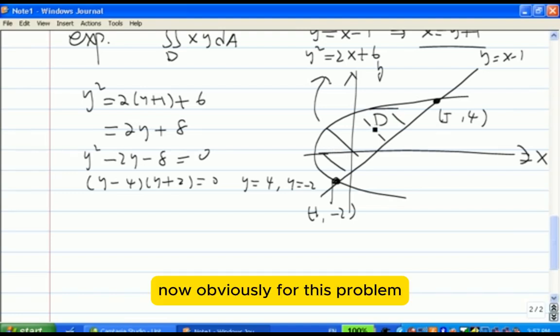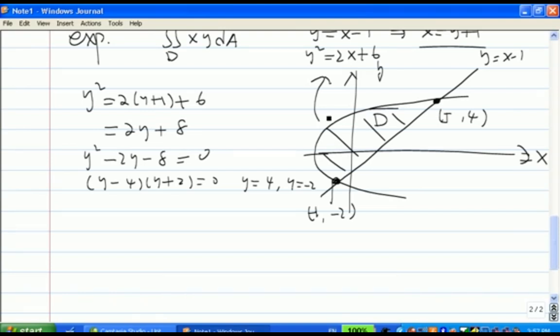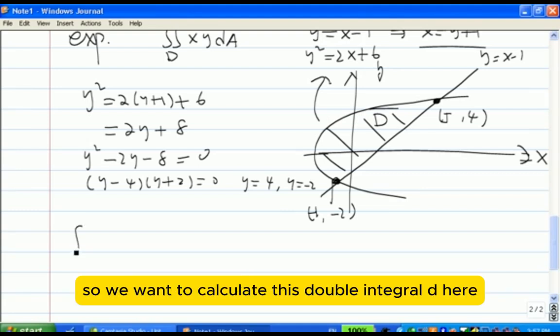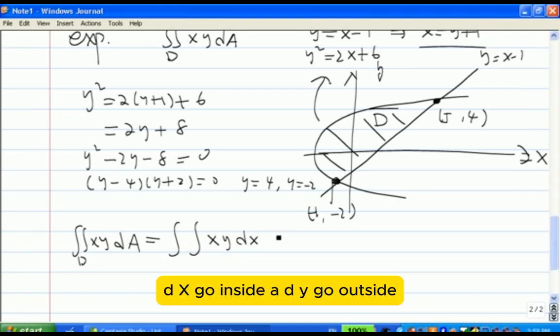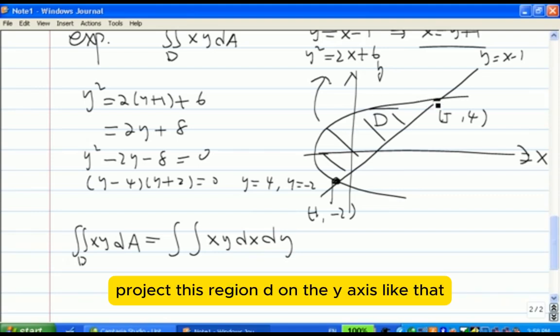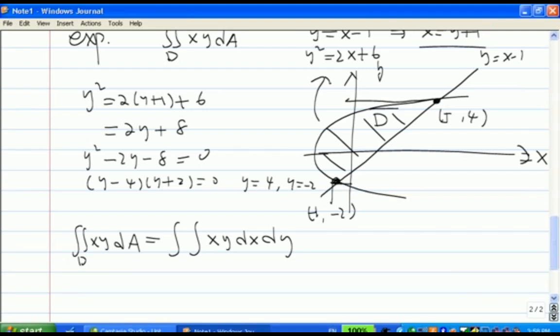Obviously, for this problem, projecting on the y-axis is easier, so let's do that first. We decide dx goes inside, dy goes outside. So if you do it that way, project this region D on the y-axis, like that.